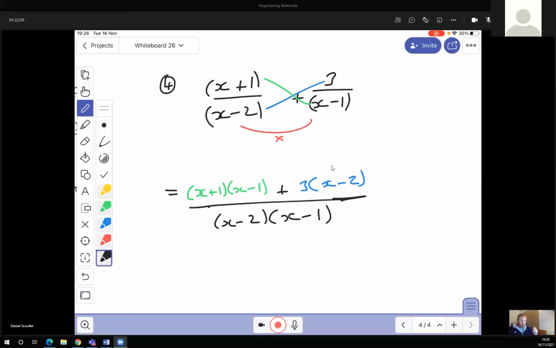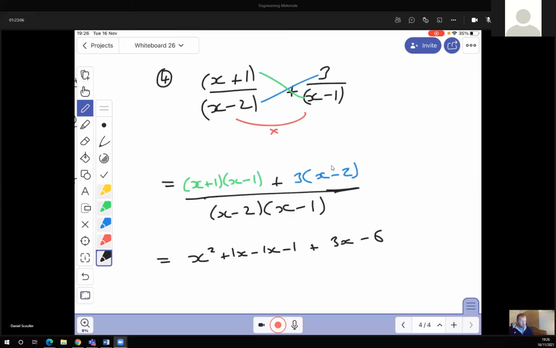Now remember the top line we need to break up, then collect like terms and simplify. So that first one we just walked through our FOIL. So we're just doing x squared plus 1x minus 1x minus 1, and we're plus 3x minus 6.